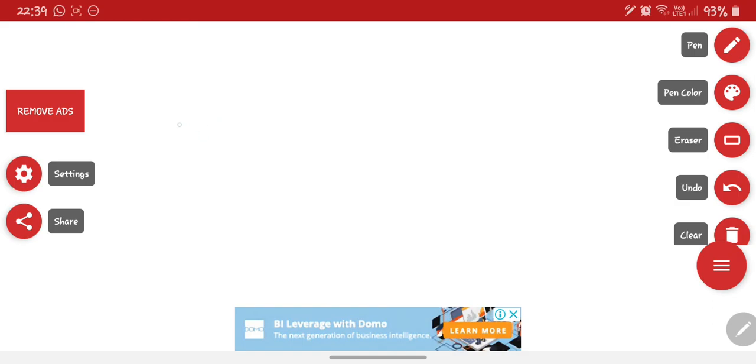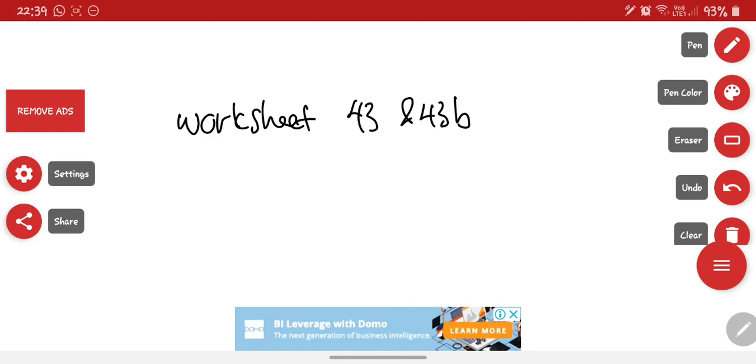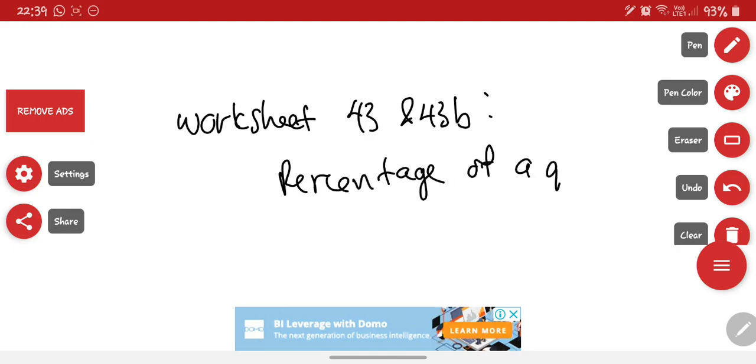Okay, go to worksheet 43, and there's also another one, which is 43B, with the title Percentage of a Quantity.